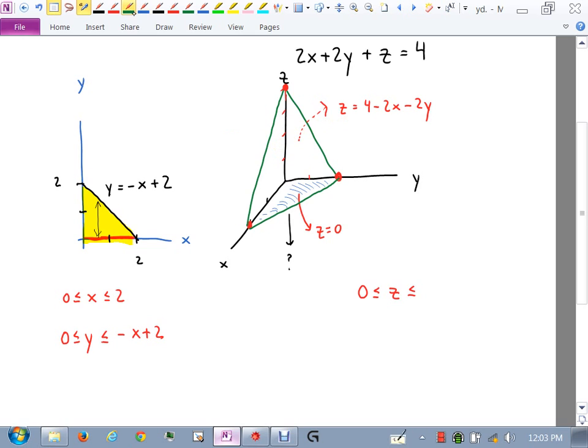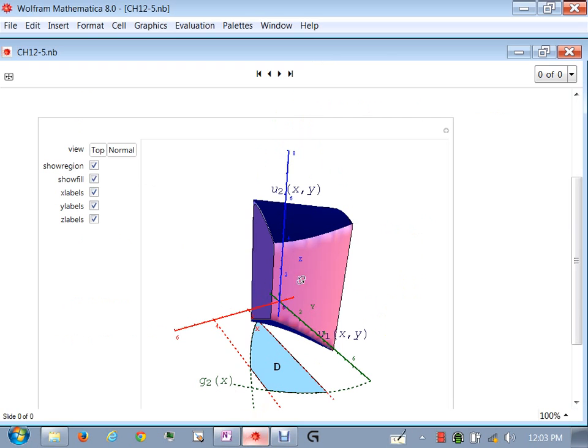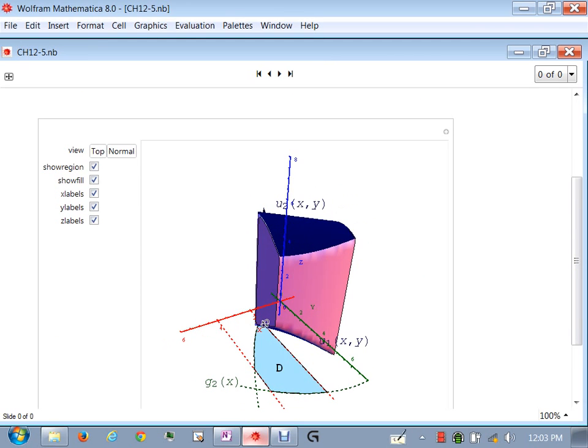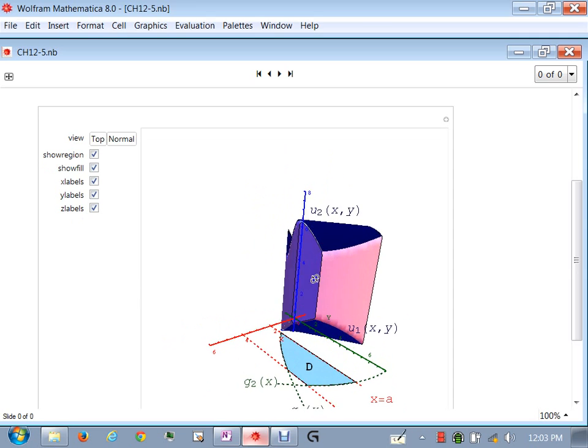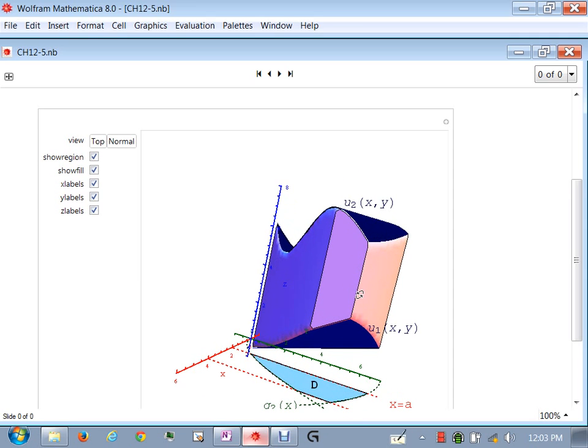So this top one right here is like the U2 of xy, and this bottom one right here was like the U1 of xy. Does everyone see how this matches up with the picture that I had before? The picture I gave you, of course, was a little more elaborate than just a tetrahedron, but this takes care of even crazy surfaces we could have, right? You have a top, you have a bottom, you have your type 1 region on the ground.